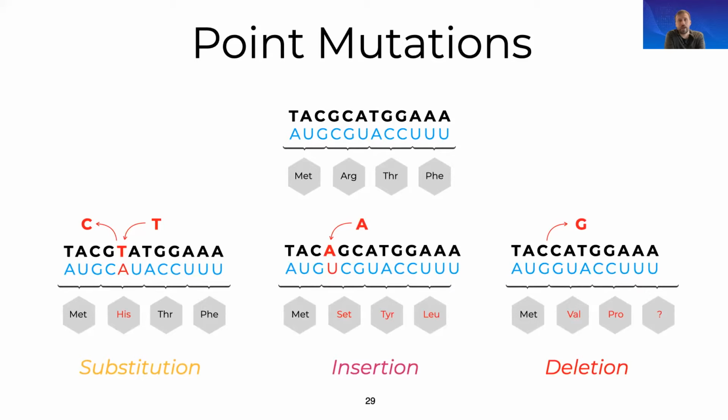We're going to be looking at individual single variants that could either be categorized as substitutions, insertions, or deletions. So we can expect one nucleotide to be substituted by another, or a nucleotide being inserted in the sequence or deleted from that sequence.